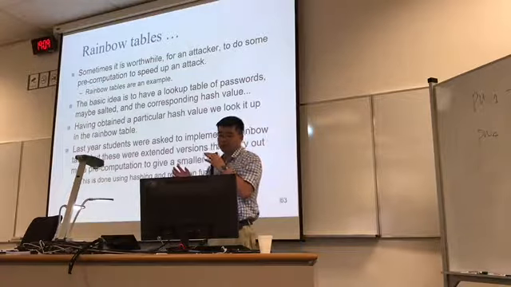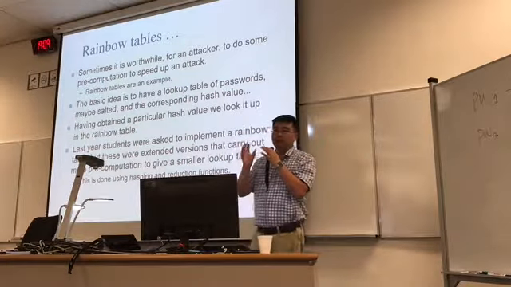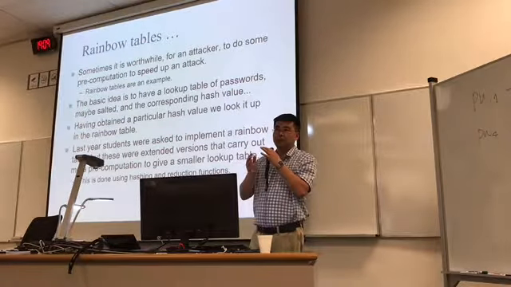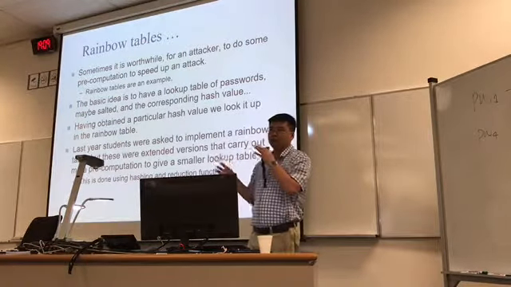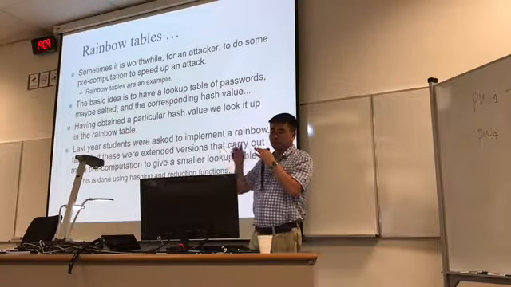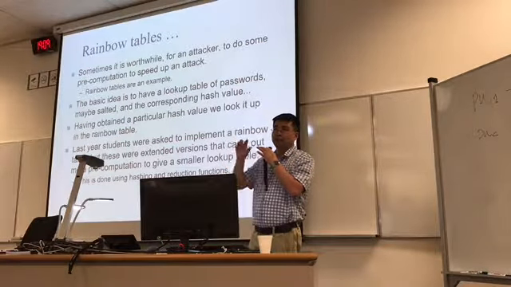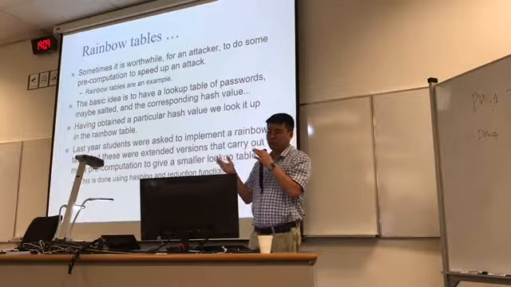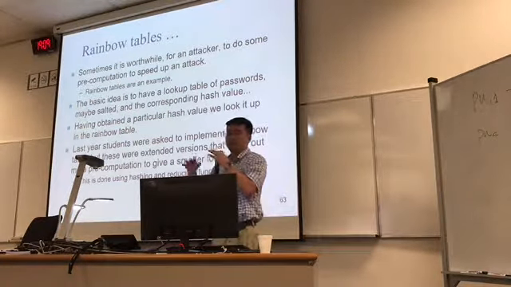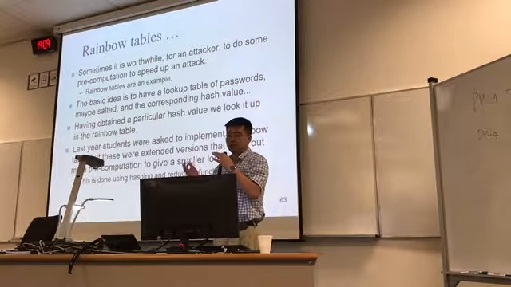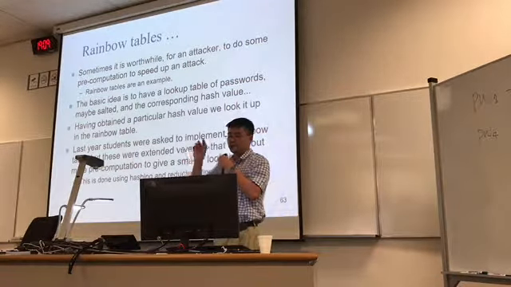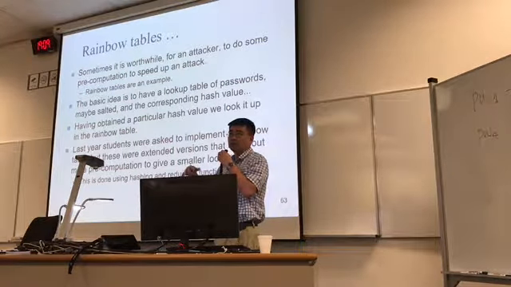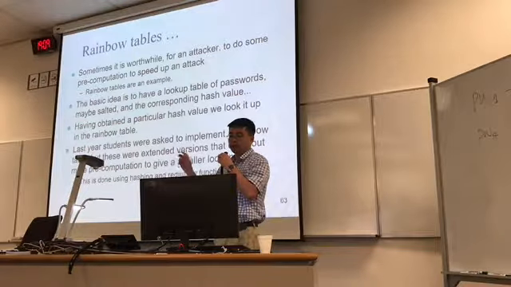So for each user, you need to guess, because there is a password space, and there is also a space for the salt value. Now you need to pre-compute the hash for different combinations of the password and the salt value. So this rainbow table will become huge, because now you don't just store one hash for one password. You need to store many hash values for the same password, but for different salt values.